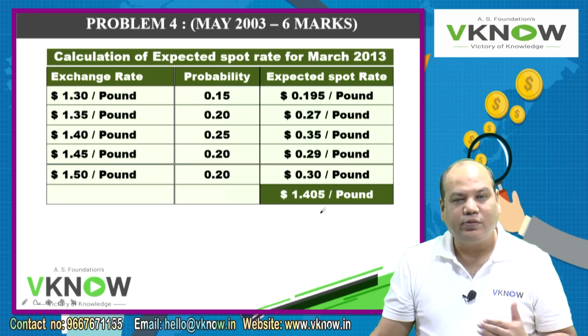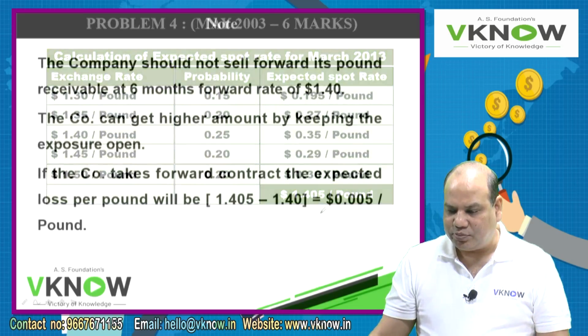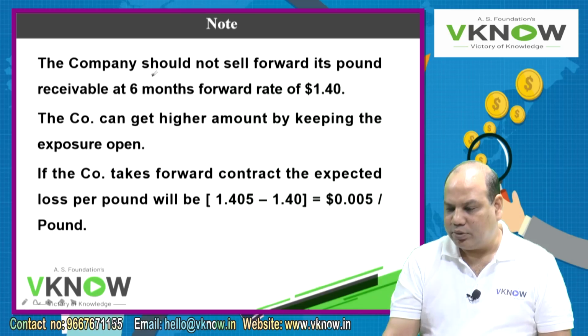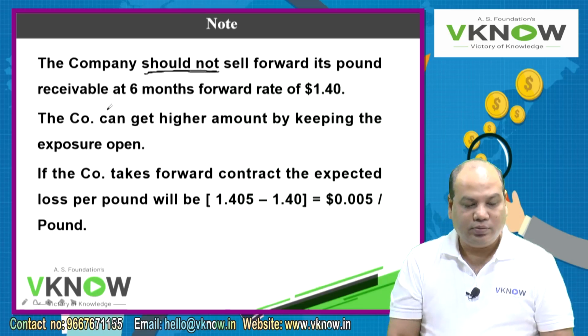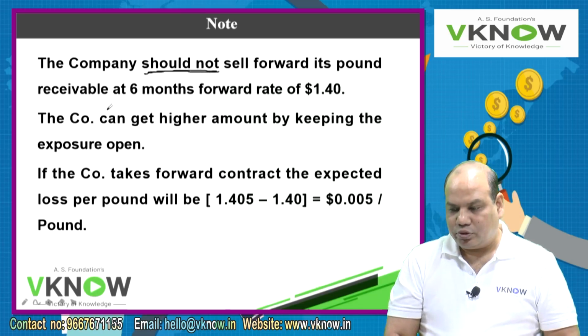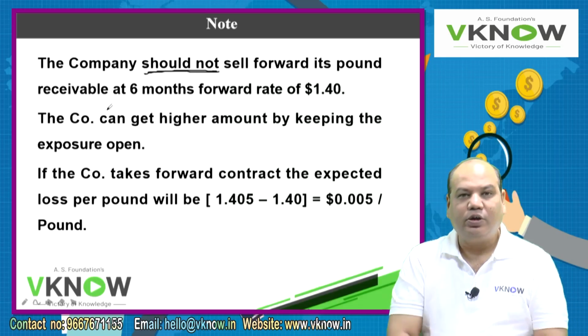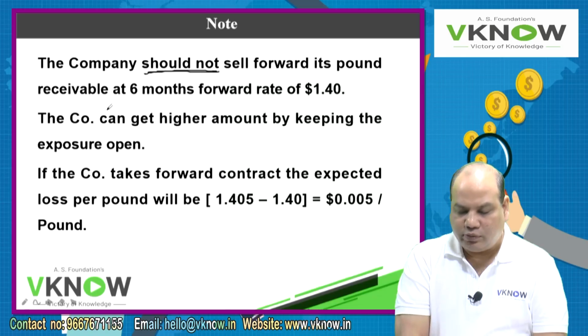So write a note: the company should not sell forward its pound receivable at the 6-month forward rate of $1.40.